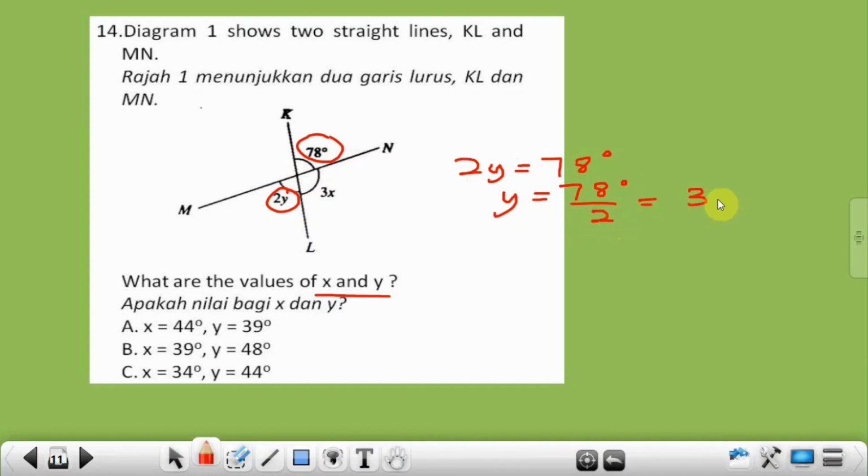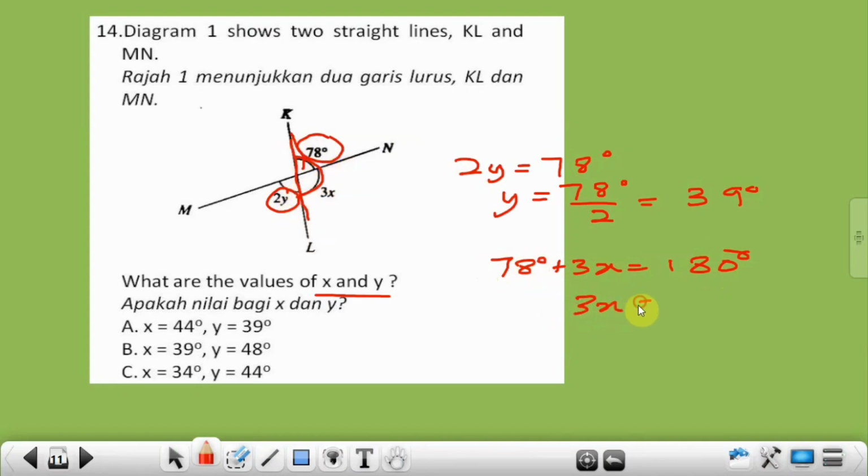Then we will have 39 degrees for y. And for x, this is a straight line KL, so the summation of 78 and 3x is 180 because it's on a straight line KL. So the total angle here is 180.